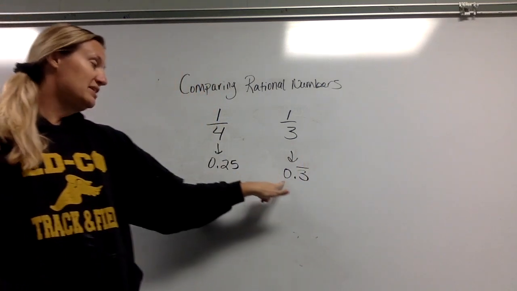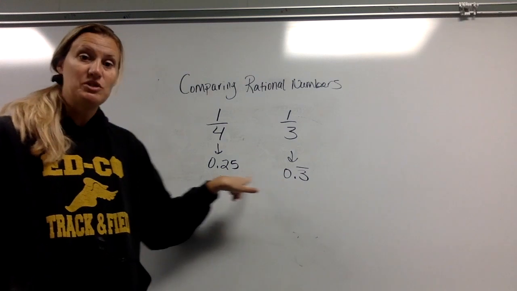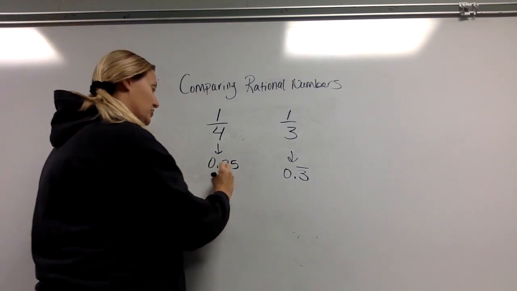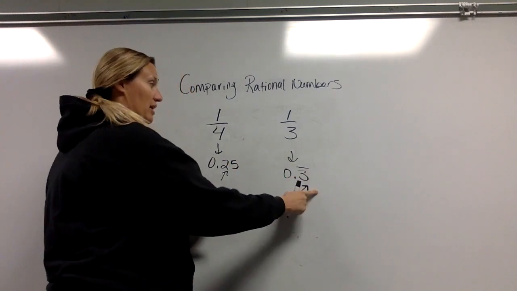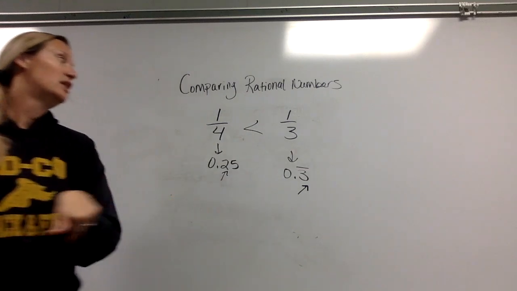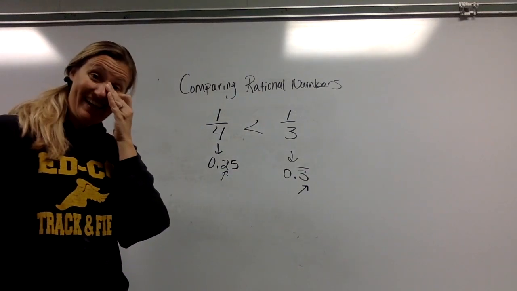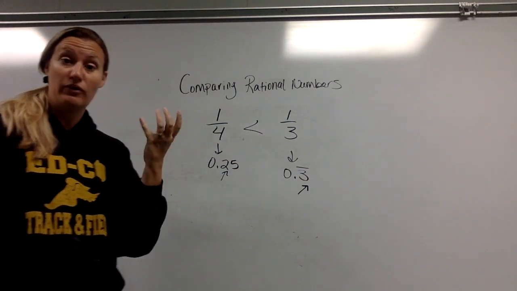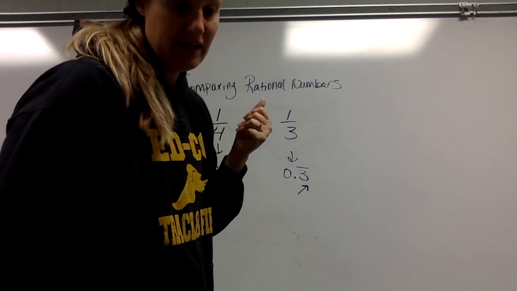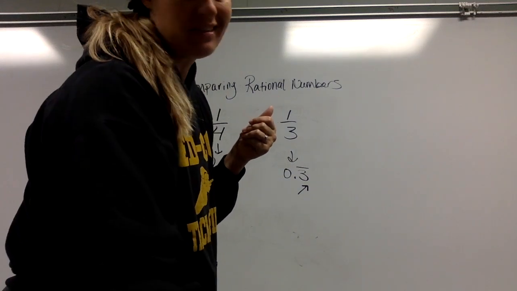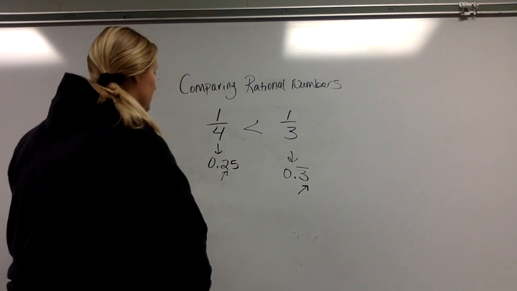So they both have a 0, so that's the same. So we want to look at the tenths. This is a 2, this is a 3. 3 is bigger than 2, so 1/4 is less than 1/3. 1/3 is the larger number. So that's pretty simple. Let's try another one.